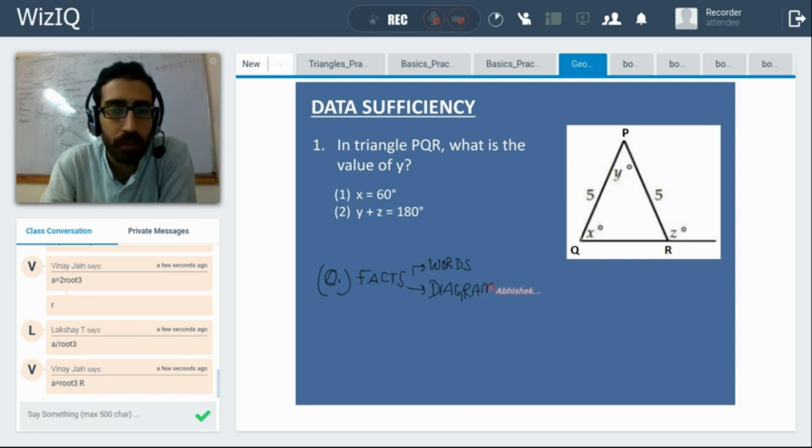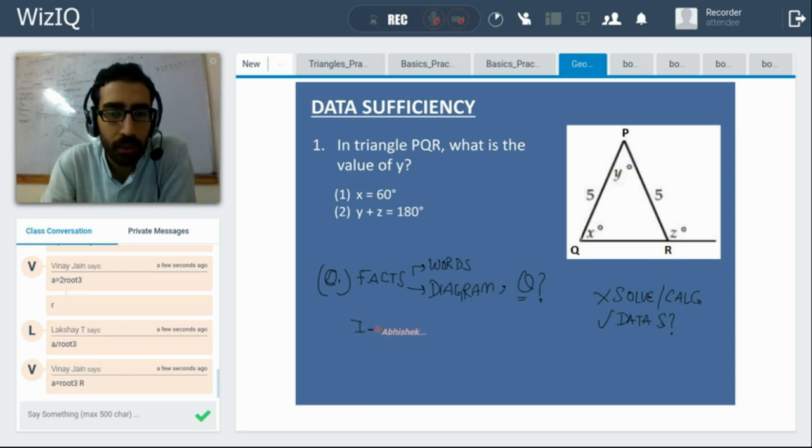You'll see lots of diagrams for geometry, of course. So you have some facts in the question, followed by the question itself. And you do not have to solve the question. That is not the idea. No need to solve or calculate. You only have to check if the data is sufficient. That's the main question: is data sufficient?